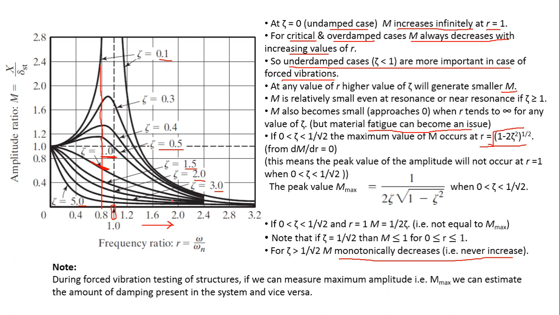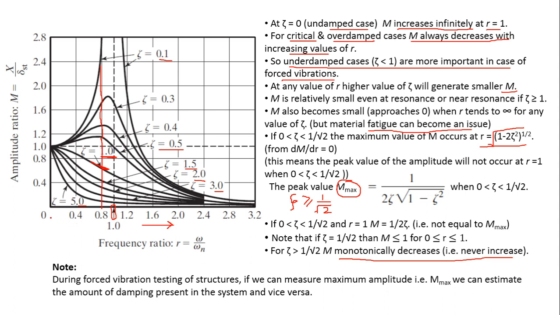And this is because of the fact that for values of zeta greater than or equal to 1 upon under root 2, there is no maximum. There will be no maximum. So these curves will remain very close to m equals 1.